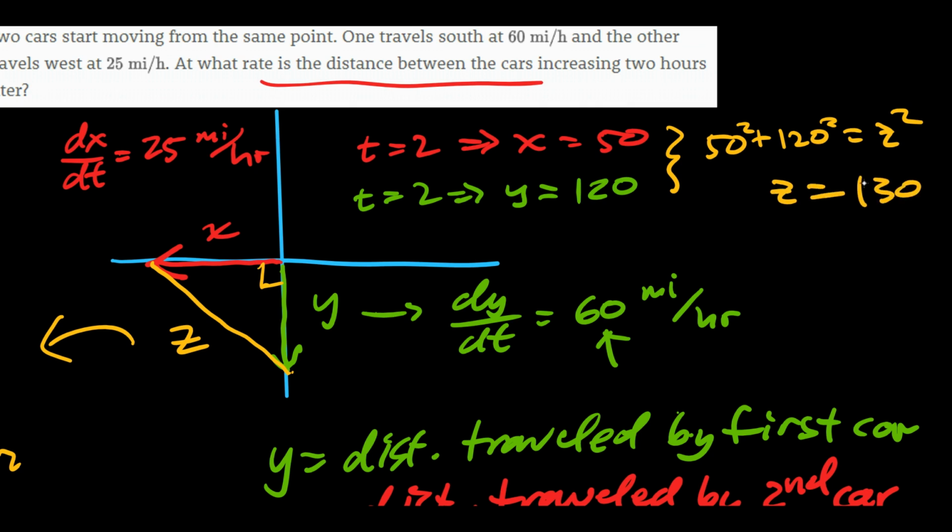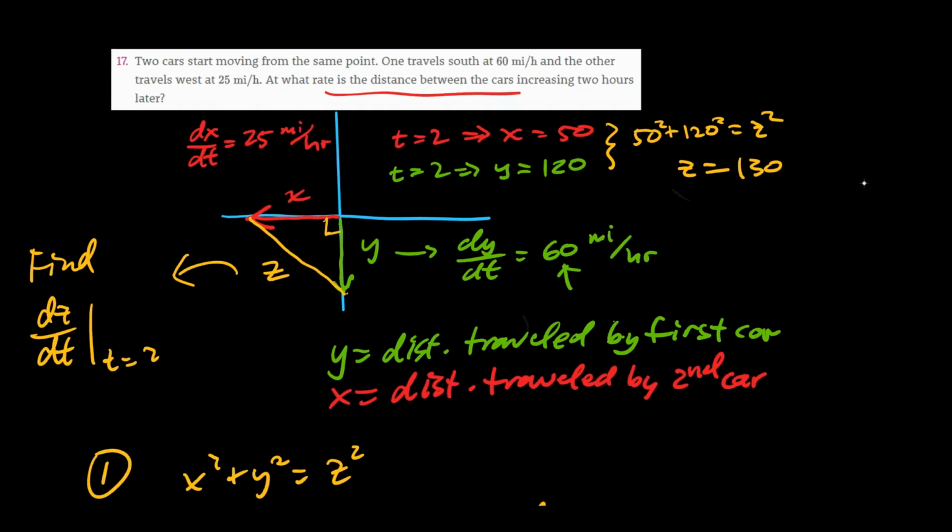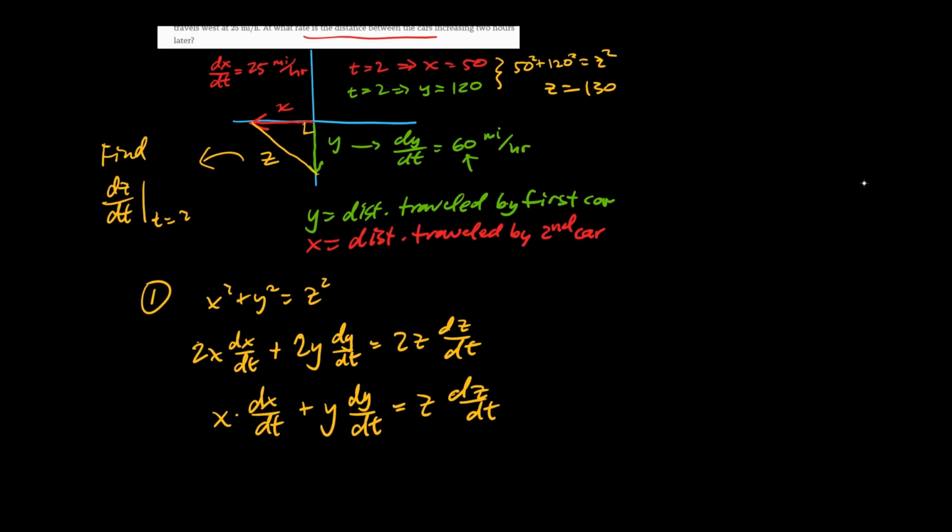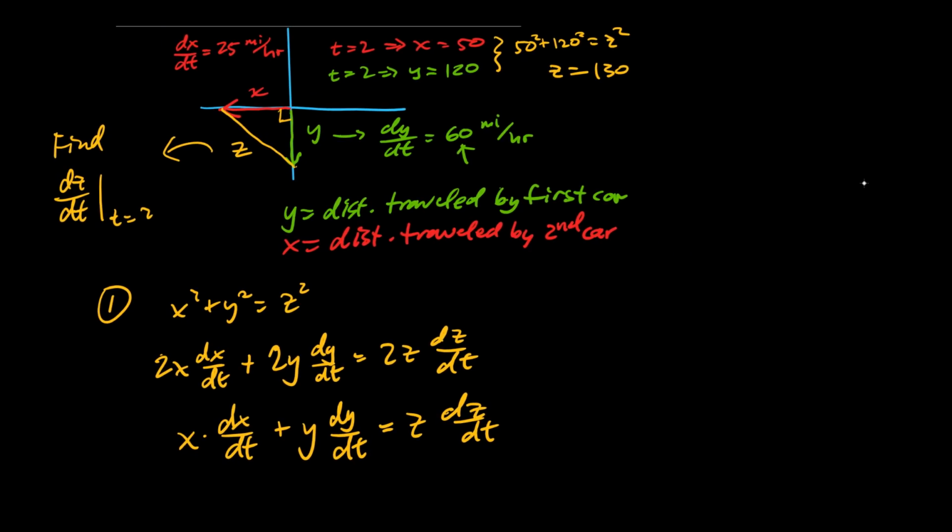So we need all these quantities in our formula. x is going to be 50, dx/dt is 25 miles per hour, plus y is 120, and dy/dt is 60 miles per hour, and then z is 130.